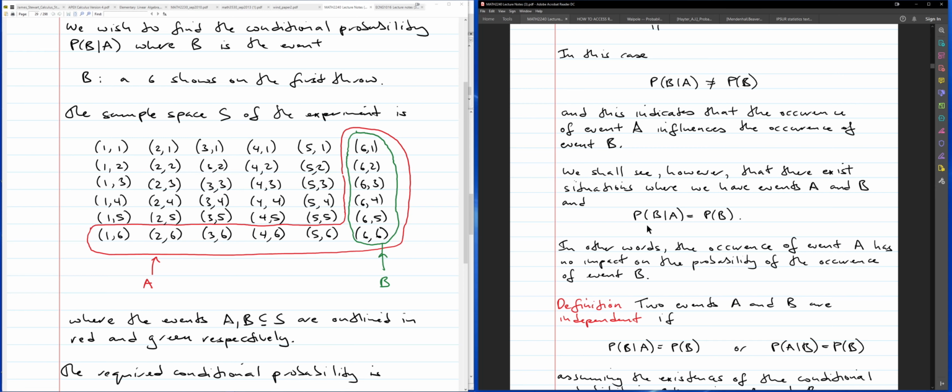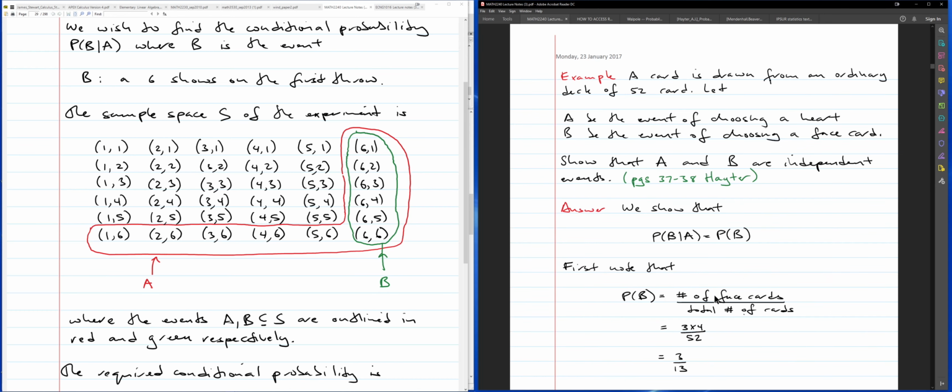So if the probability of B given that A has occurred is equal to the probability of B, in other words the occurrence of A doesn't change the probability of B, then you say that A and B are independent.